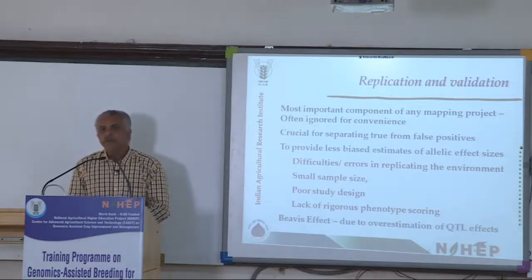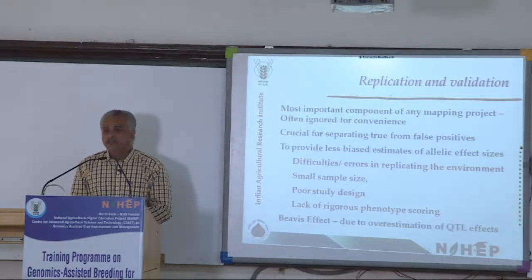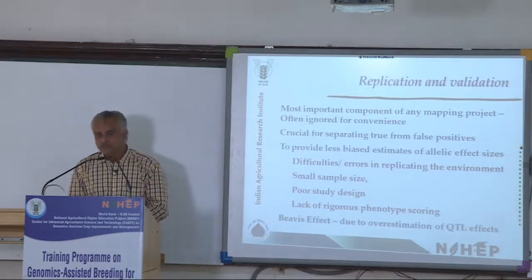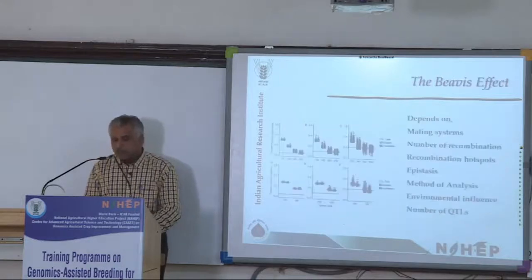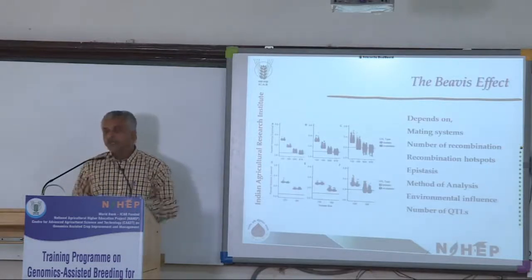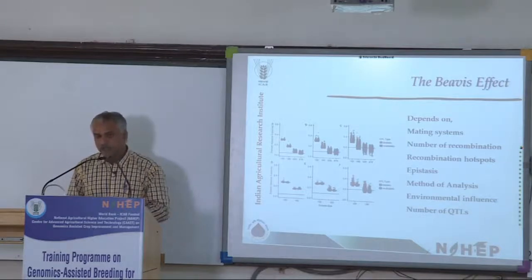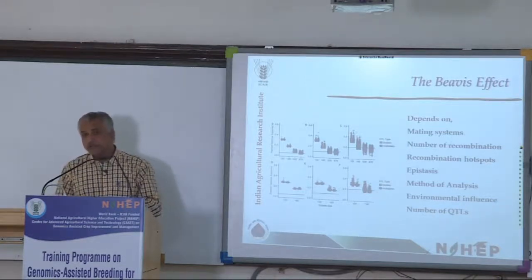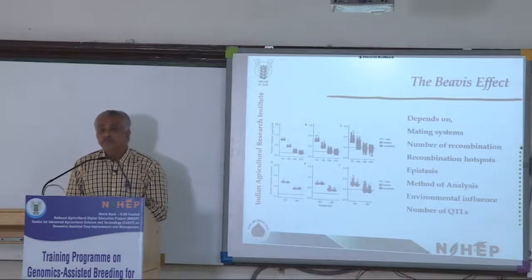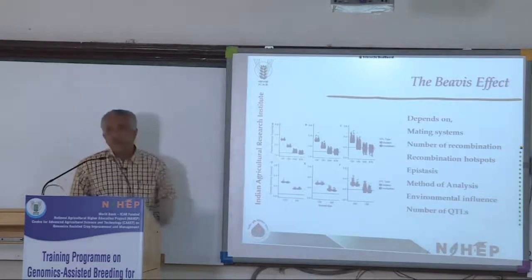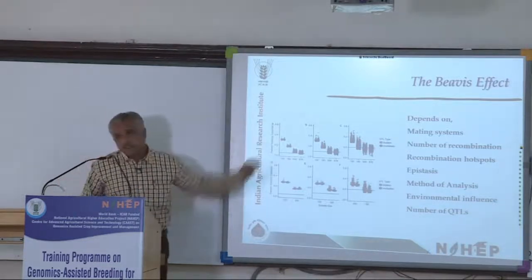Validation is very important. And everywhere the threat is there, the overestimation or underestimation, which is otherwise called the Beavis effect, which depends on mating systems, number of recombinations, hotspots, epistasis, method of analysis, environmental influence, human error, number of QTLs, and so on. The Beavis effect is very important to be taken care of, because as this picture shows, when the number of individuals is small, you tend to overestimate.